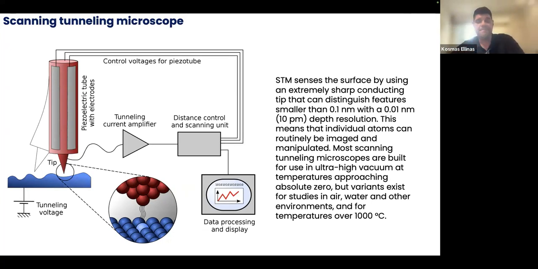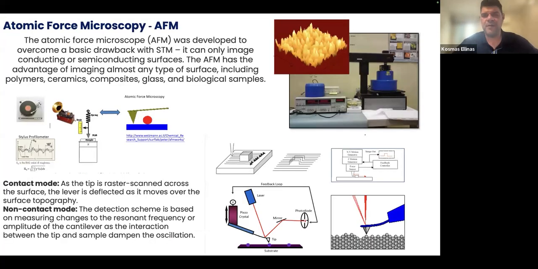But the drawback of this method is that it was only able to characterize surfaces that were conductive. This couldn't be used on polymers. For this reason, people invented the atomic force microscope to overcome this basic drawback, and it can also probe polymers.